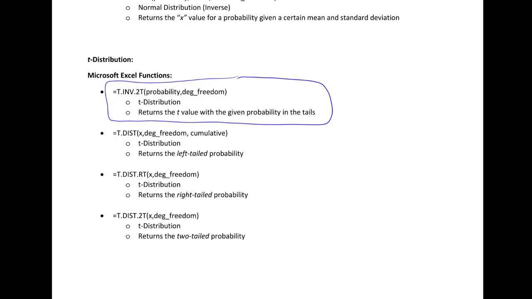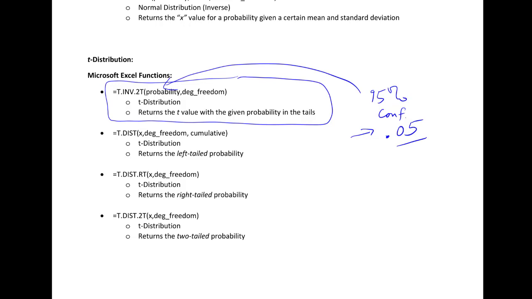When we're using Excel, this probability is not going to be the confidence level. It's going to be what's left in the tails. So if we were doing 95% confidence, that means we would be doing 0.05, or 5%, left in the tails, and that's the probability there.